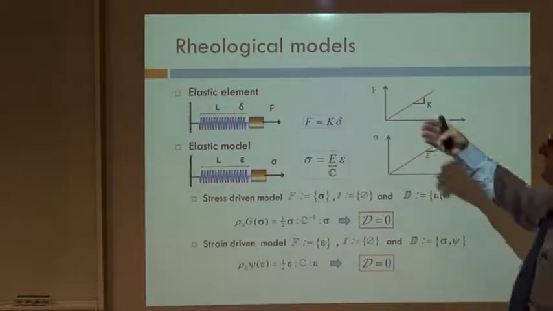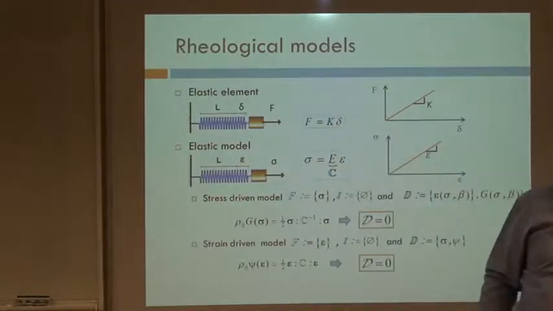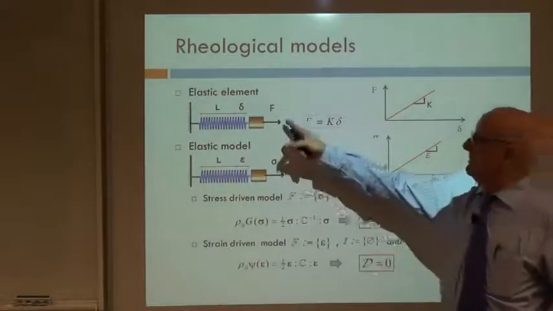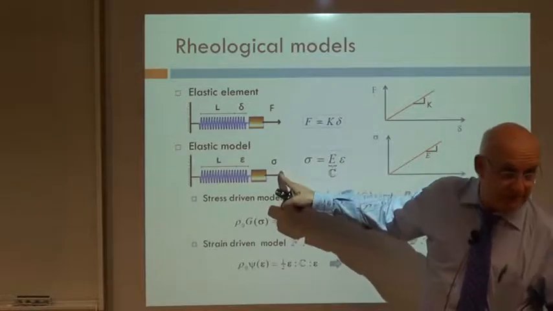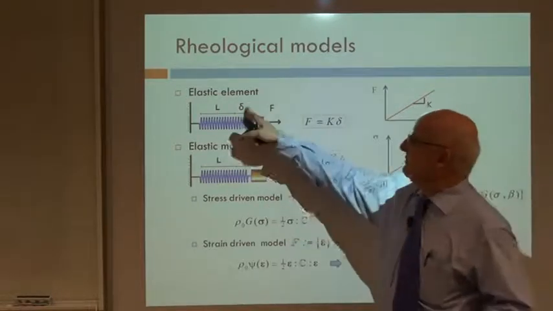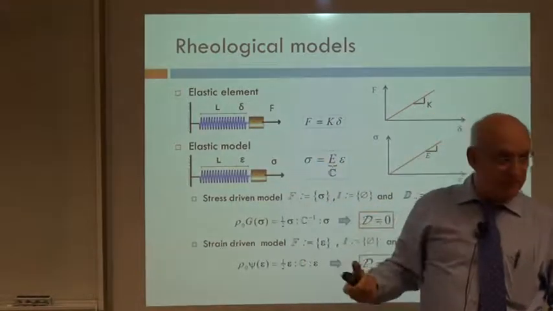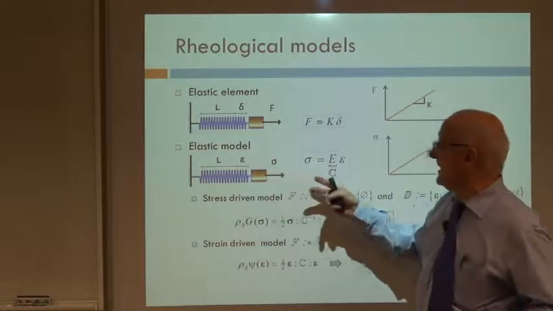Okay, what is the translation of this mechanical model into a rheological model that we are going to term elastic model? Well, instead of force, we talk about force per unit of surface, the stress. Instead of displacement, we talk about elongations per unit of length, so that's a strain. But the concept is the same.